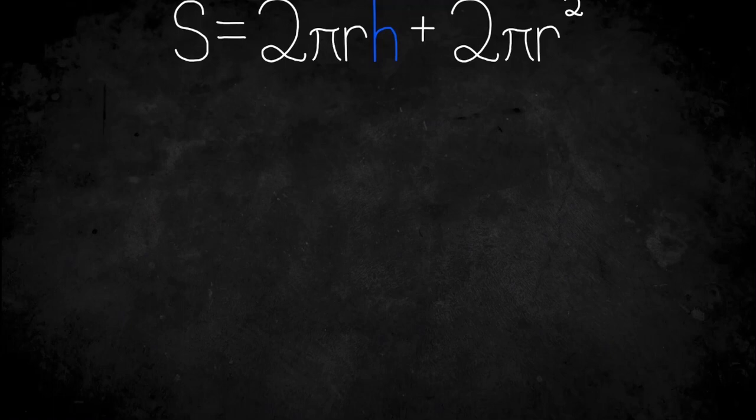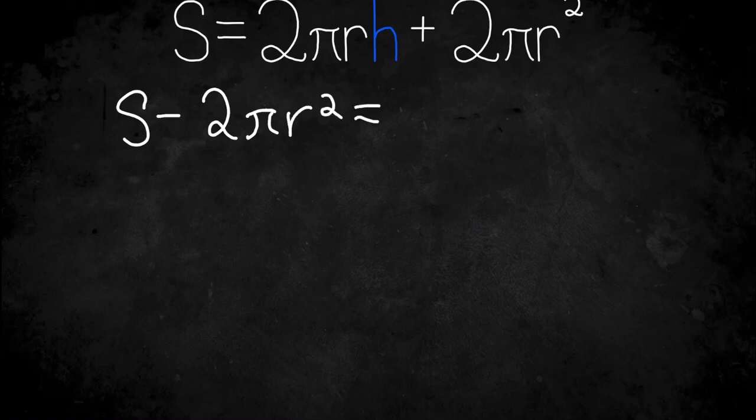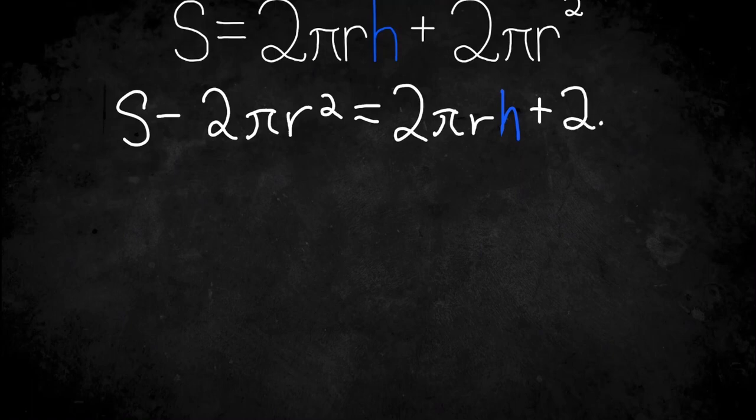So first we're going to do the inverse operation, and the first step is to subtract 2 pi r squared from both sides. So we have S minus 2 pi r squared equals 2 pi r h plus 2 pi r squared minus 2 pi r squared.